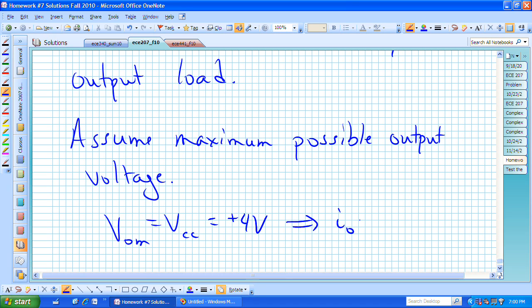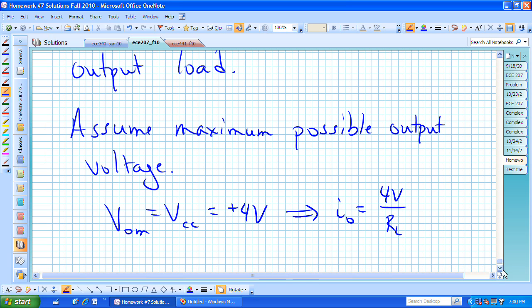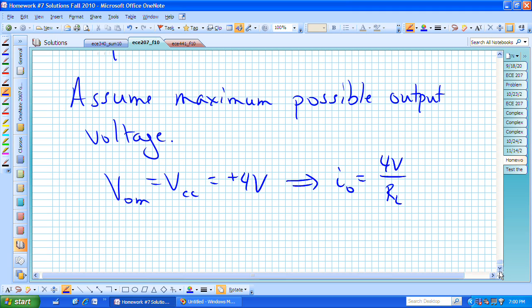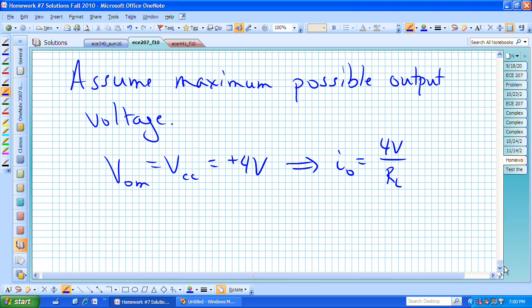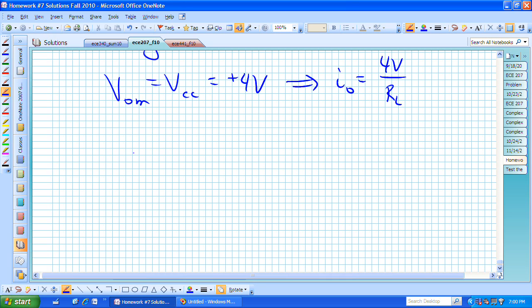That means that our maximum current, if we did get up to our maximum peak voltage in our output sinusoid, we would find by dividing that by the load resistor R sub L. In our case, R sub L was a 1 kilohm load, so I sub 0 is going to be 4 divided by 1,000, or 4 times 10 to the minus 3 amps, or 4 milliamps.